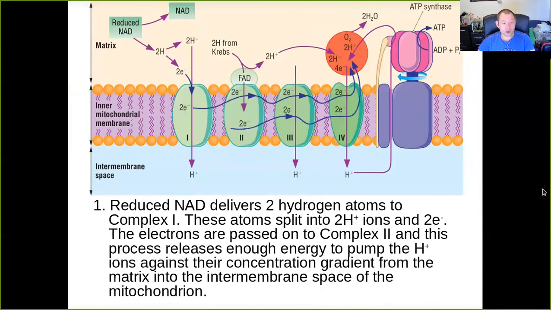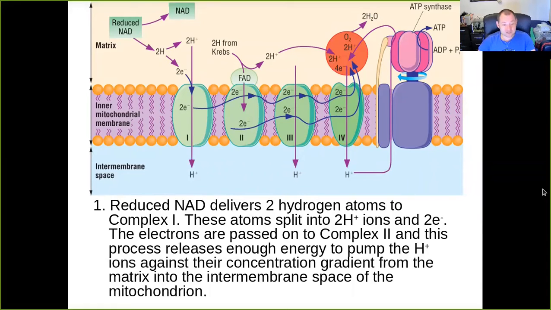1. Reduced NAD. Remember, we produced a lot of reduced NAD so far from glycolysis and from the Krebs cycle. Reduced NAD is reduced because it's got an H on it. Dehydrogenases pulled hydrogen off these sugars, added them to NAD, making it NADH, which is reduced NAD.